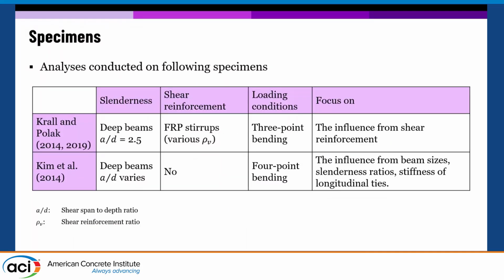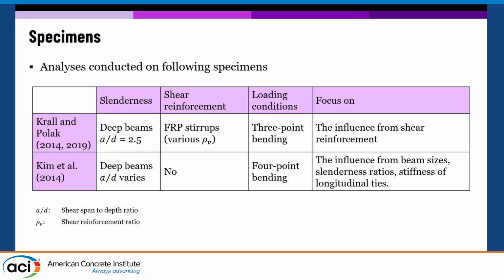Okay, so these are the tests that we used for our model calibration, our own, Kral and Polak, done at the University of Waterloo. They were semi-deep beams because the a/d ratio was 2.5, and we were focusing on stirrups and different stirrup spacings.